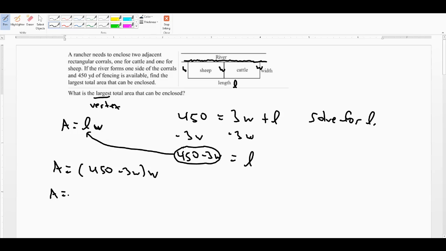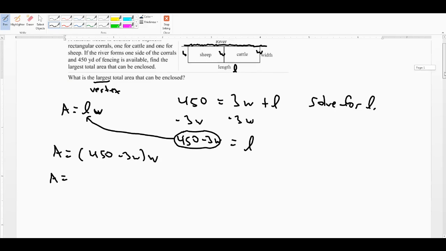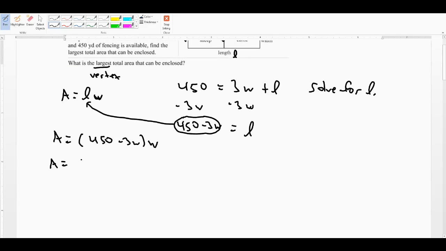So now I'm going to work with this equation. I'm going to distribute the W. I get 450W minus 3W squared, which is the same as negative 3W squared plus 450W. So now I have my quadratic equation where I can find the vertex.